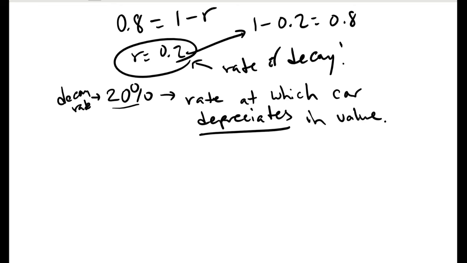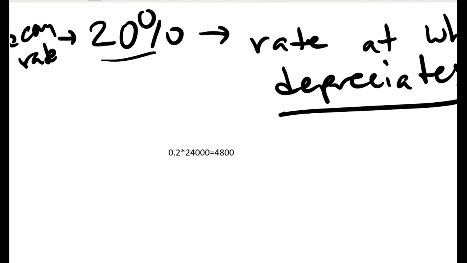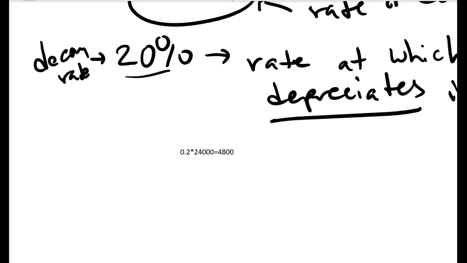So if you were to do 20% of 24,000, that's $4,800 right off the bat for that 1 year. So you lost a lot of value in the car. However, if you buy a car that's used and not as expensive, then you lose a lot less value. So let's say you bought a car that was used, that's still in good shape, but it was $10,000. Well, in that case, you're only going to lose about $2,000, which is a lot less than the $4,800.